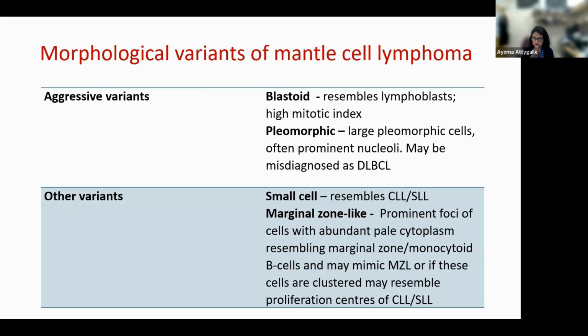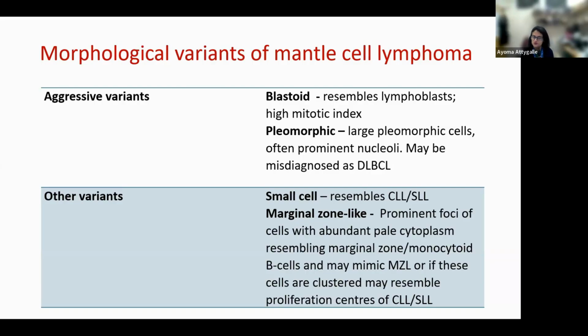So the blastoid variant resembles lymphoblasts and has a high mitotic index, so don't misdiagnose this as a B lymphoblastic lymphoma/leukemia. And the pleomorphic variant essentially has large pleomorphic cells with prominent nucleoli, and if you don't think about it, it may be misdiagnosed as a diffuse large B-cell lymphoma.